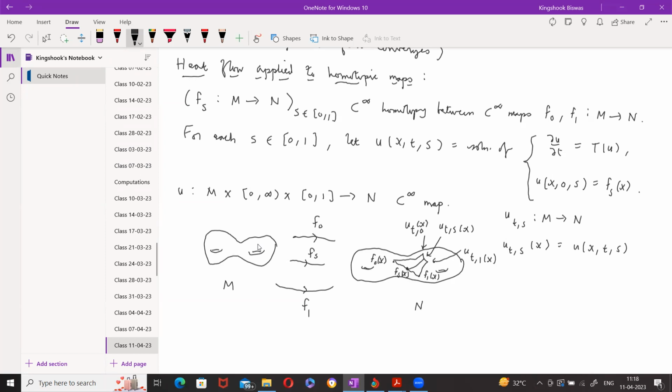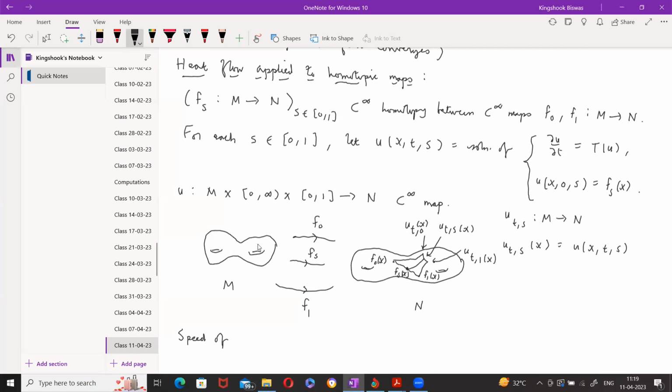Yes, sir. Okay. So what we want to show is that if I look at the speed of the homotopy, what is the speed of the homotopy at time t? You see the maps U of t, 0 and U of t, 1 are also homotopic, right, via s goes to U of t, s. These maps are homotopic at any time t.